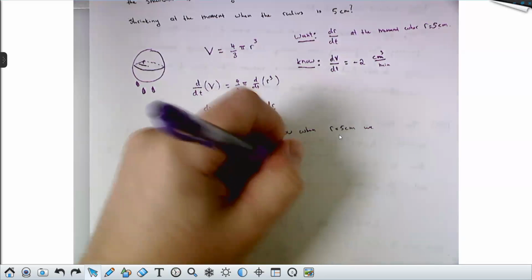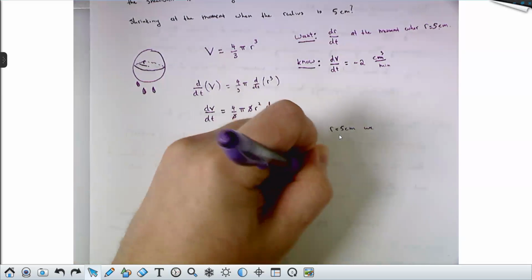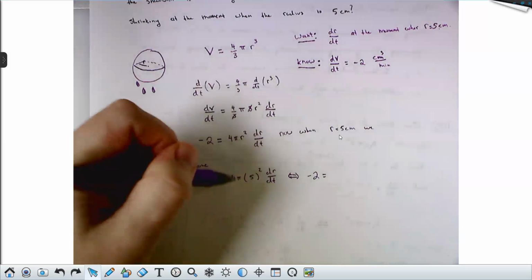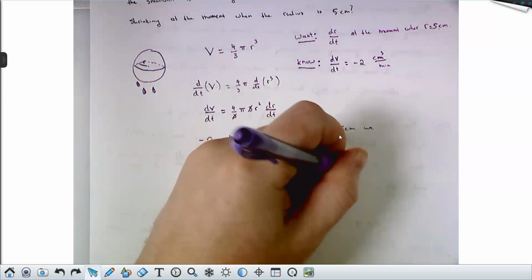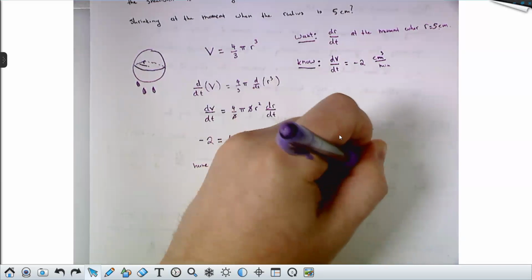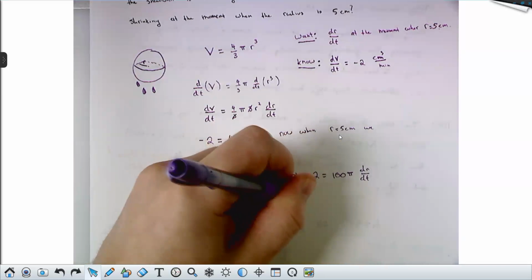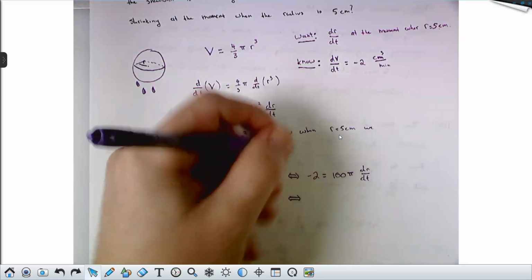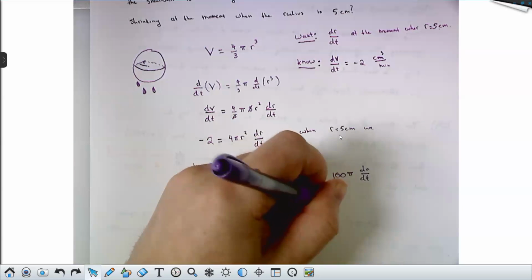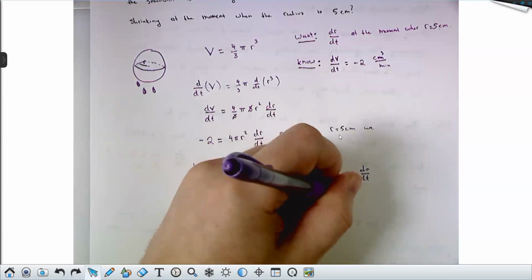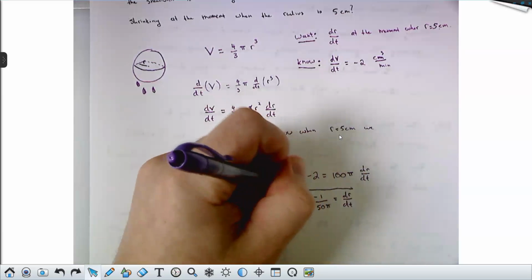All right, this is equivalent to saying -2 is equal to 4 pi times 25, which is 100 pi, times dr dt. So then I divide both sides by 100 pi, and I get -1 over 50 pi is dr dt. This is what I wanted.